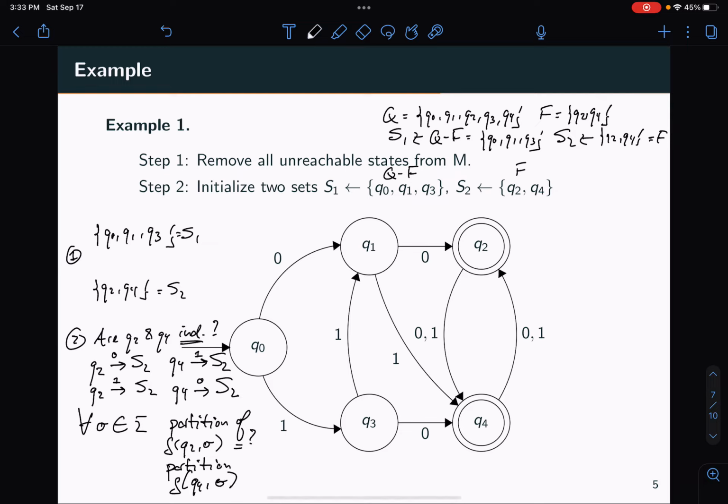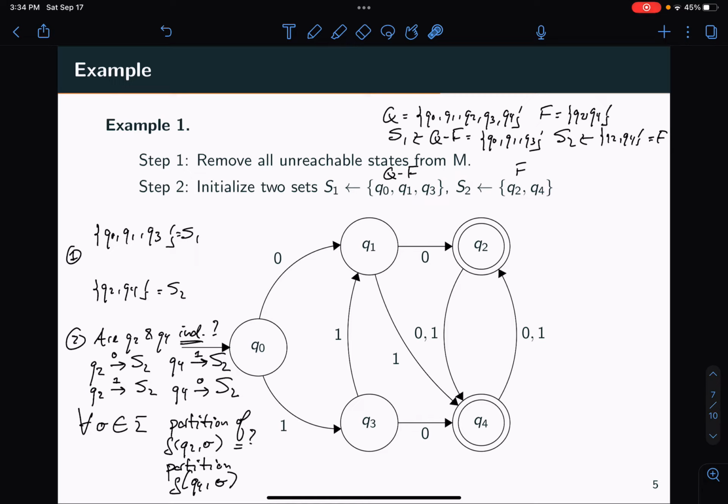So that's the question. Well, in this case, yes. I shouldn't have crossed them, but if I read a 0 from Q2 and Q4, I go to the partition S2. And if I read a 1 from Q2 or Q4, I go to the same partition S2.